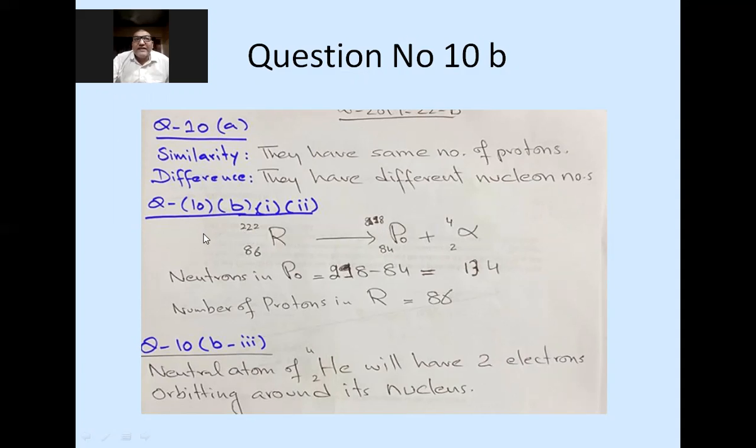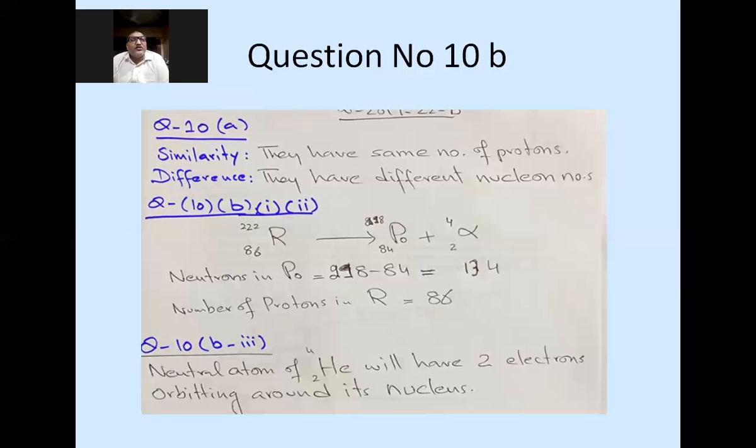This is how I have written this equation. The question was, how many neutrons are there in the polonium? The mass number, or nucleon number, is 218 and its proton number is 84. From the nucleon number, subtract the proton number: 134. So there are 134 neutrons in the polonium.